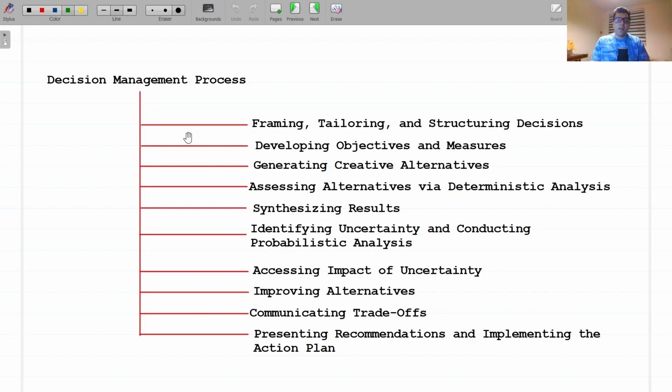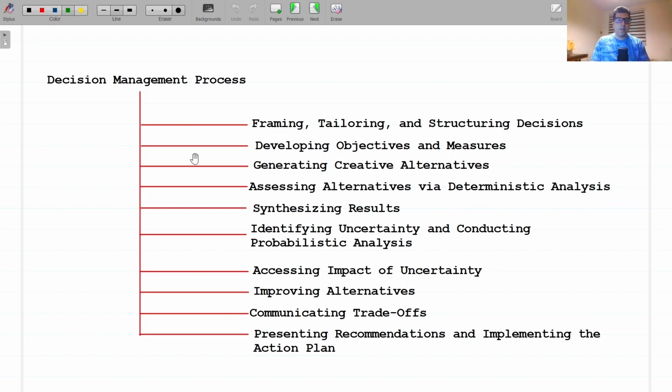These measures, also known as measures of effectiveness or MOEs, key performance parameters or KPPs, measures of performance or MOPs, technical performance measures or TPMs, critical performance measures, attributes, criterion, or metrics must be unambiguous, comprehensive, direct, operational, and understandable.